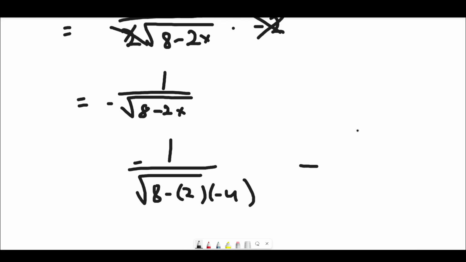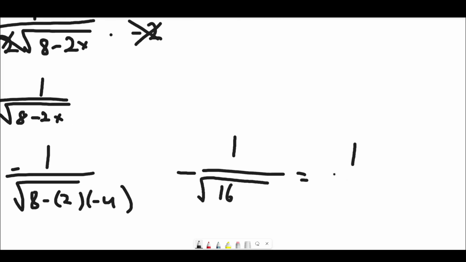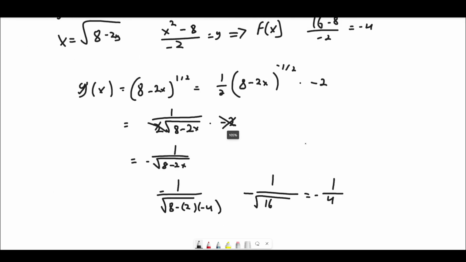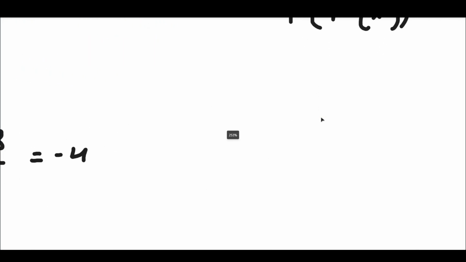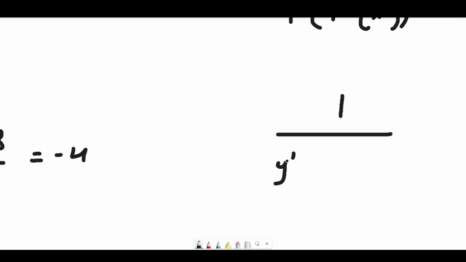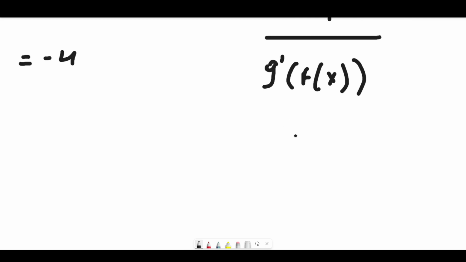So this is going to become negative 1 over the square root of 16, which equals 1 over negative 4. Alright? So that's it. But there's one thing. Because it's simply this rule, 1 over g prime of f of x, we did this.